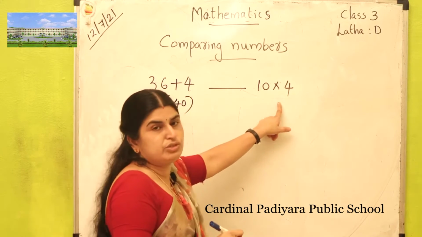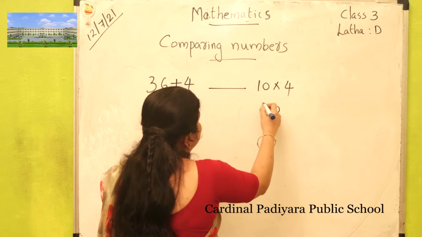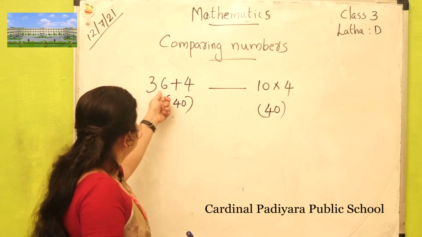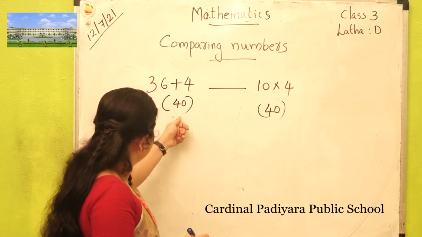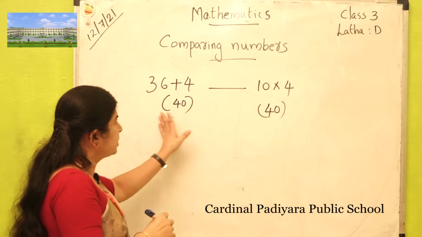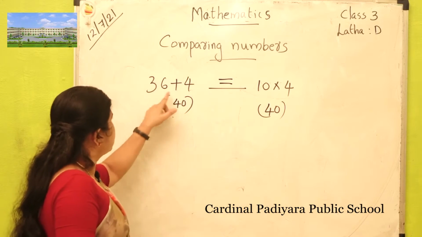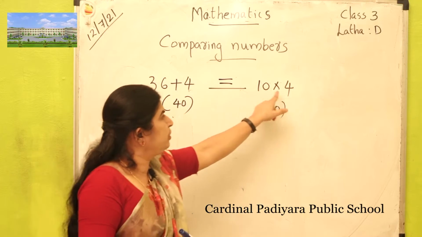And then 10 into 4. Here 10 into 4 is equal to 40. So 36 plus 4 equals 40 and 10 into 4 equals 40. Therefore, these numbers are equal. 36 plus 4 is equal to 10 into 4.